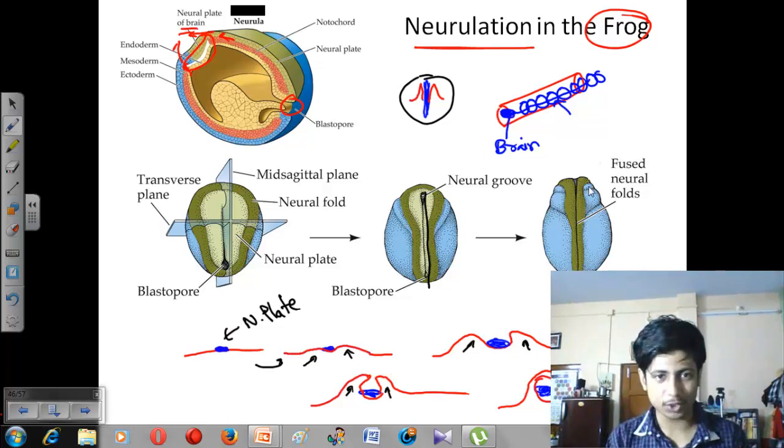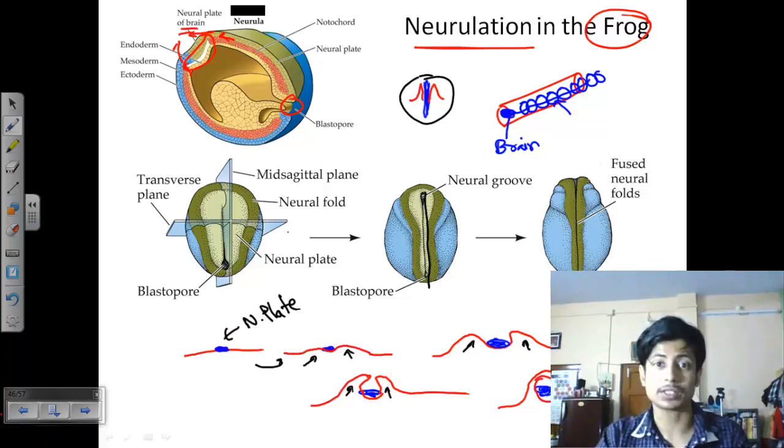So neural folds slowly start to arise, neural grooves start to form, and then finally neural folds are joined, creating a tunnel inside which the neural cells are present, right? That's how the structure generates. This is the process of neurulation.